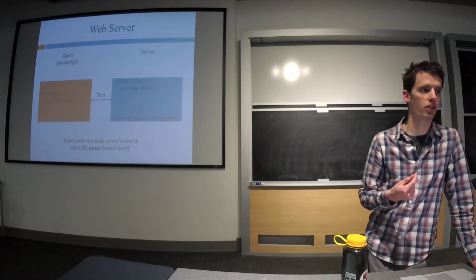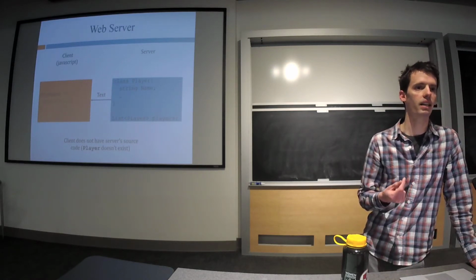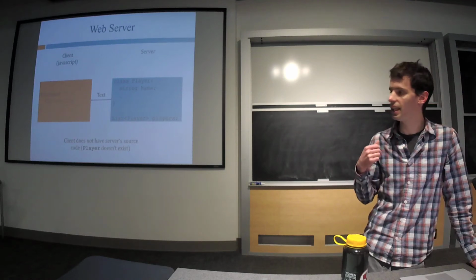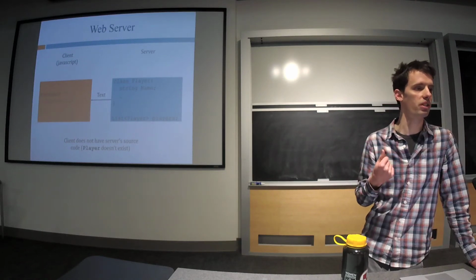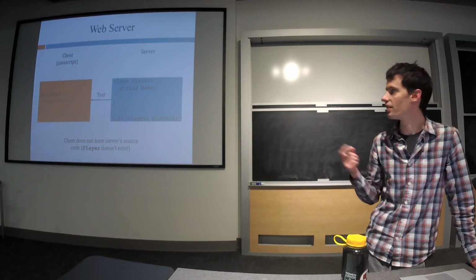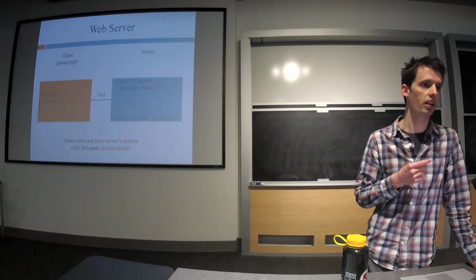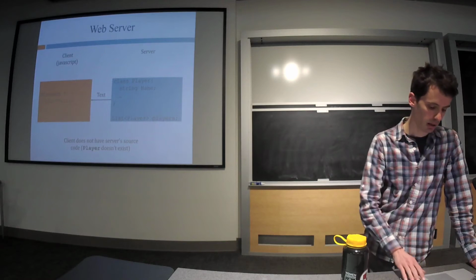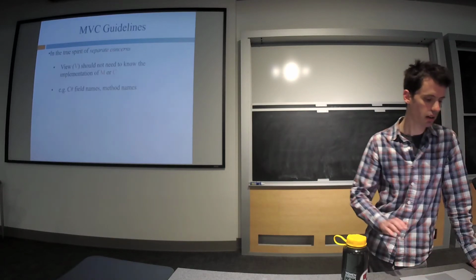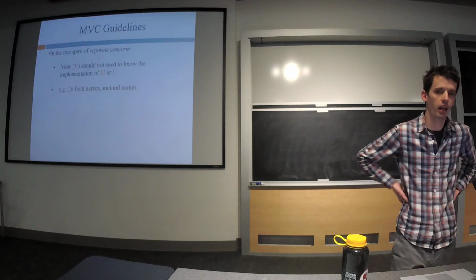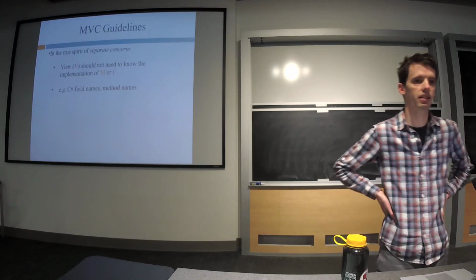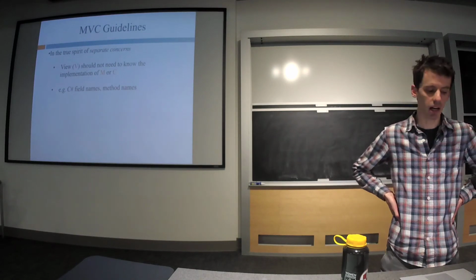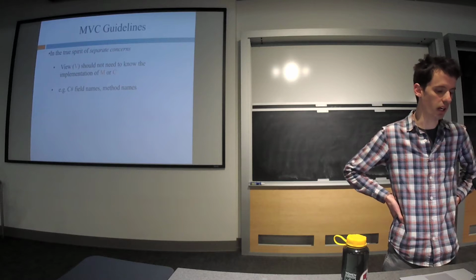That JavaScript has no idea what the model is or how the server represents the model. So it especially doesn't know that there's something called class player with a field called p.name. So big problems there, and it's violating MVC in an extreme sort of way.